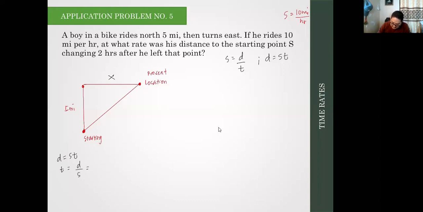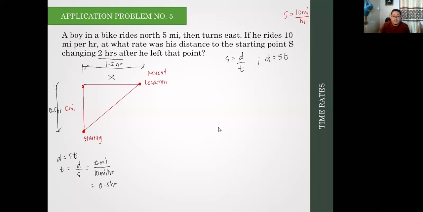So, 5 miles over 10 miles per hour. Okay? So, 5 divide 10 is 0.5 hours. Okay? So, ibig sabihin dito, 0.5 hours na yung na-cover niya. Eh, sabi 2 hours after nung nag-leave siya nung point na yon. So, ibig sabihin, itong location na tinatawag natin na to, ito yung kanyang location, 1.5 hour.